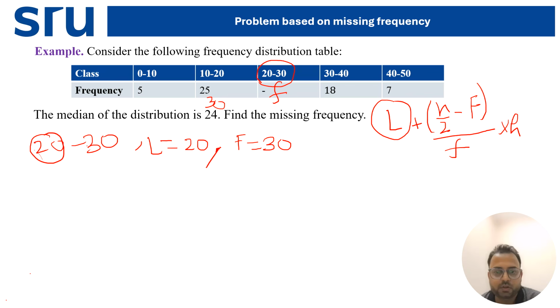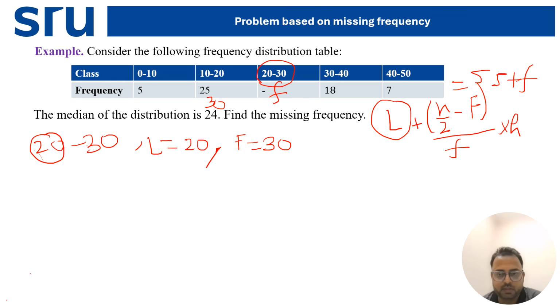One more thing: the sum of all frequencies. 25 plus 5 is 30, plus 18 is 48, plus 7 is 55. So 55 plus f is the sum of all frequencies.